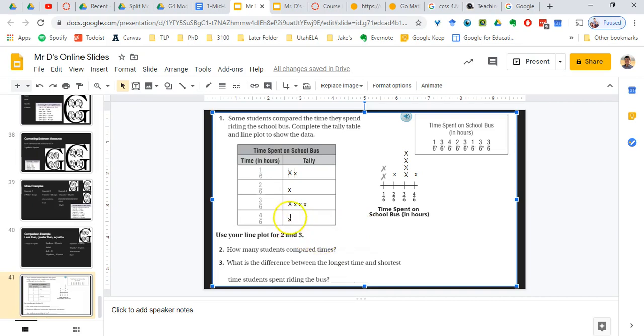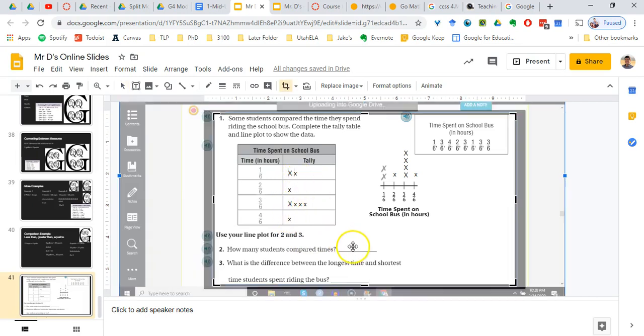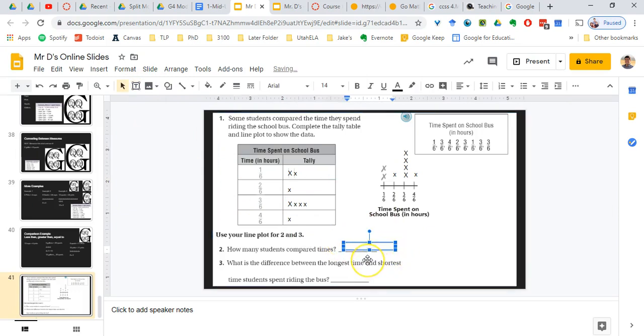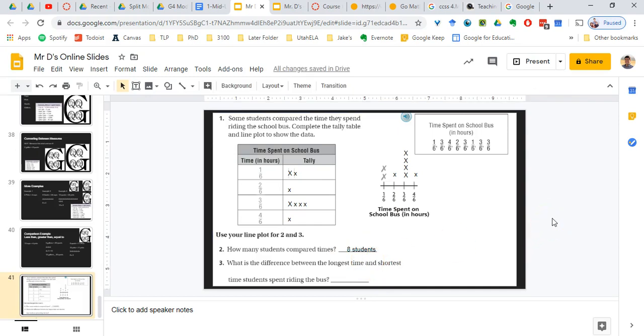So I can count 1, 2, 3, 4, 5, 6, 7, 8 X's. Well, we can put in a text box. But there were 8 students who responded to say that they rode the bus.